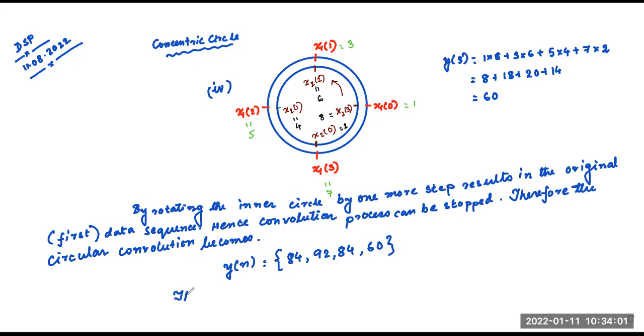And the length of the convoluted data sequence is 4.